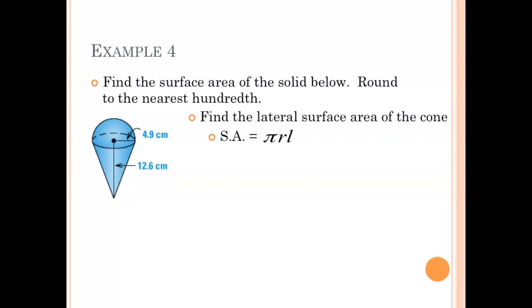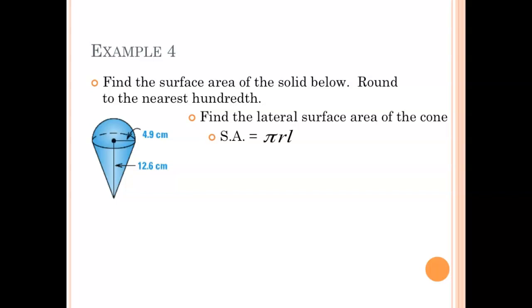Now we have the radius r, 4.9, but the slant height we don't have. How do we find the slant height? Well, because we are working with a right circular cone, that means that we actually have this height given to us that will be helpful. That's 12.6. And we can use that to help us use the Pythagorean theorem to find the slant height.